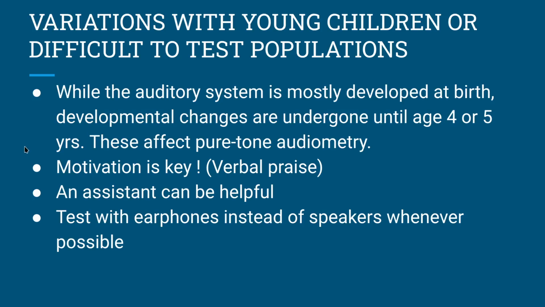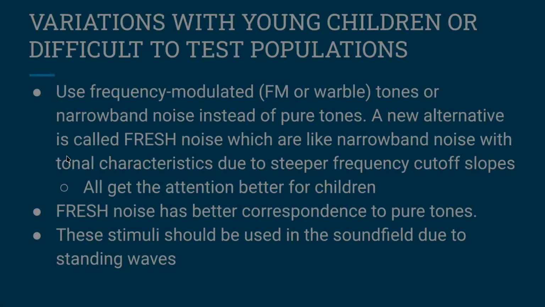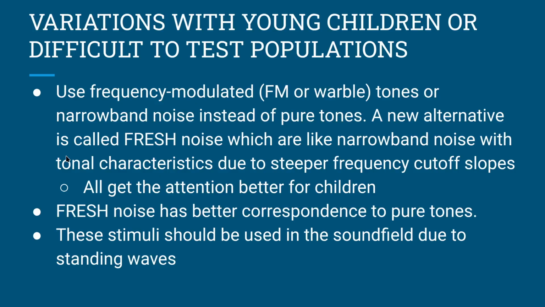Not always practical, but an assistant can be helpful for testing pediatrics. Test with earphones if you can, speakers when you must. Use frequency modulated or warble tones or narrowband noise instead of pure tones when you're testing in the sound field.